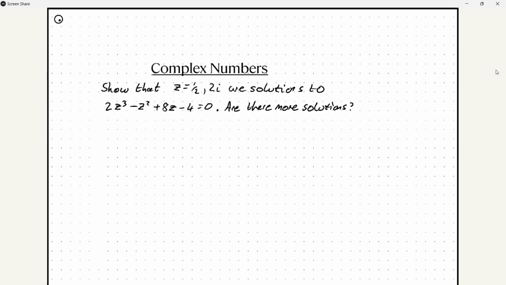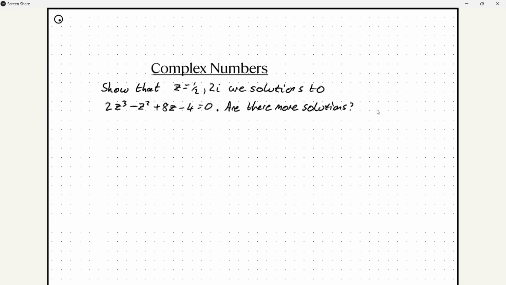Now, there are a few rules that you will come across with complex numbers, and one of them is when you're working with quadratics, when you have all real numbers in your quadratic equation, you either get two real solutions or two imaginary solutions.